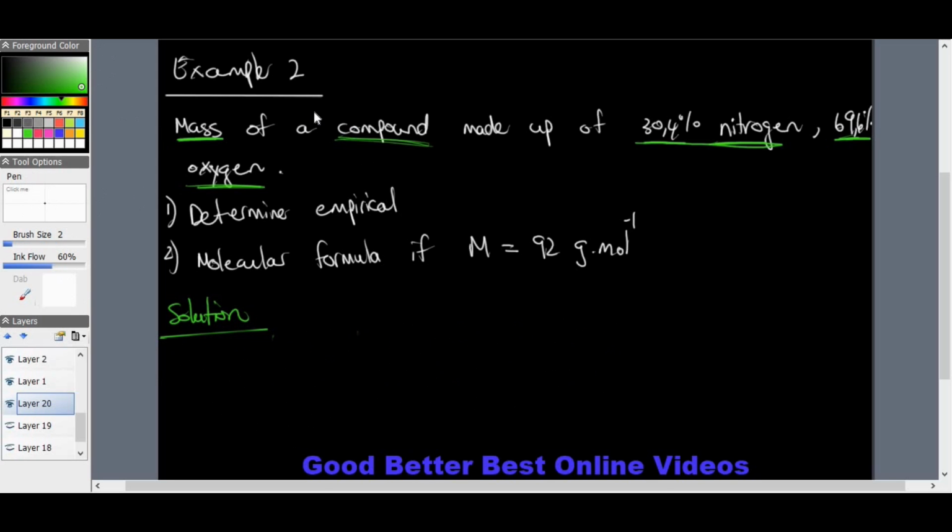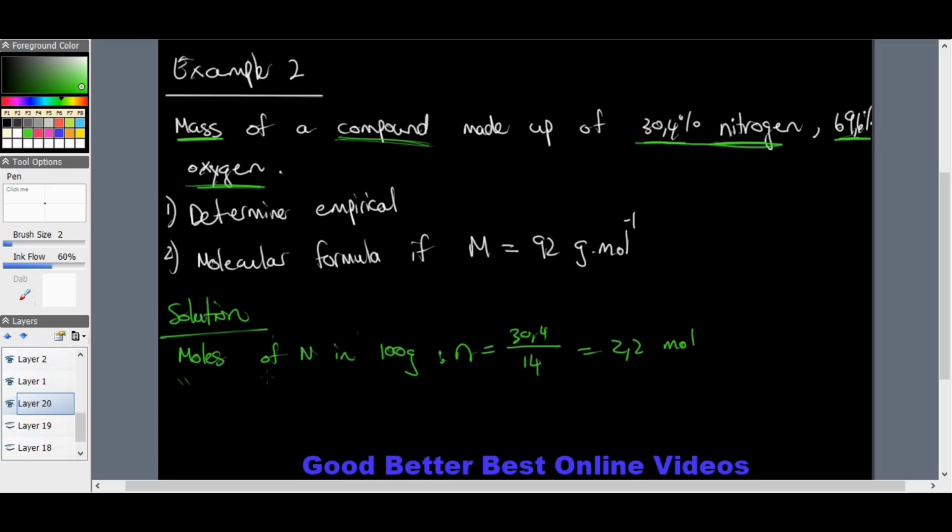First of all, we know that it's 30.4% of nitrogen, so 30.4 grams. So we want to have a look at the moles of nitrogen in 100 grams of the compound. The number of moles is n, which is equal to 30.4 over the molar mass of nitrogen, which is 14, and that's equal to 2.2 mole.